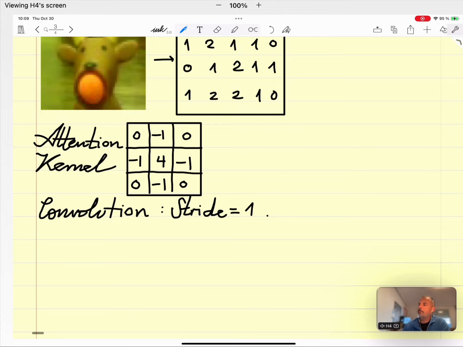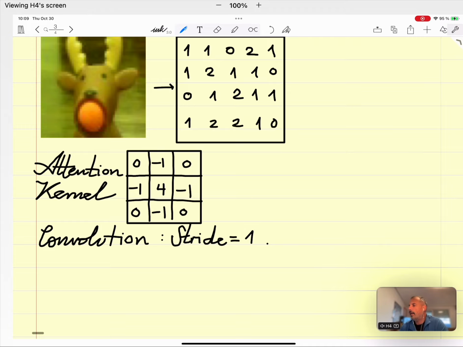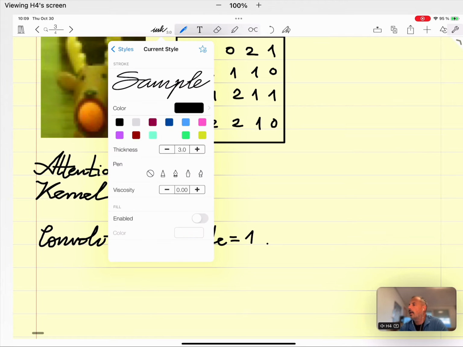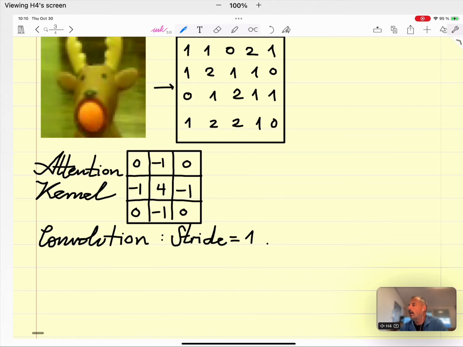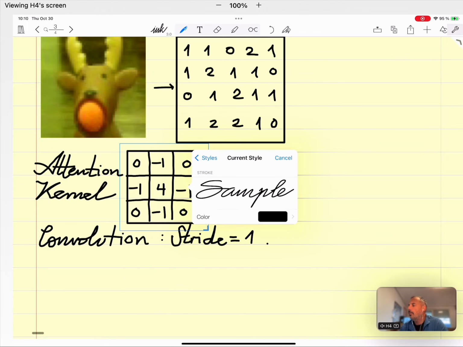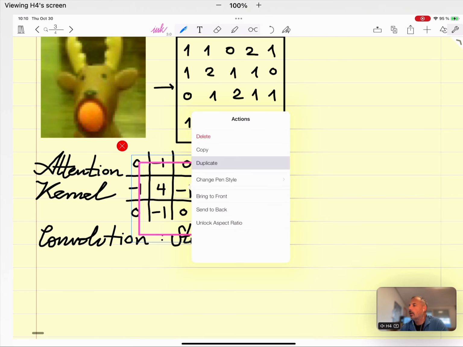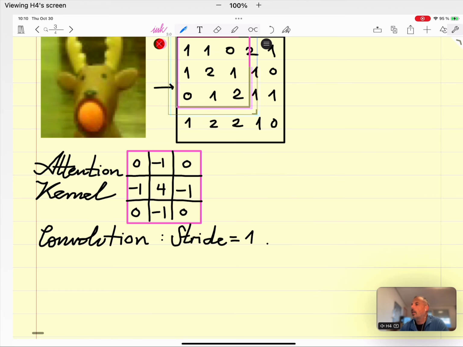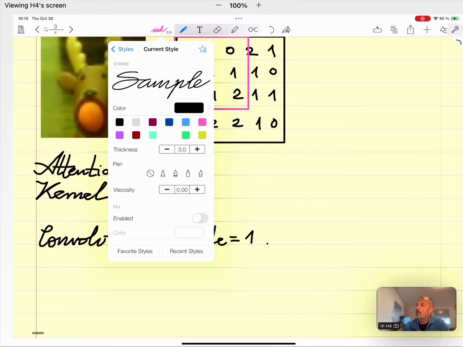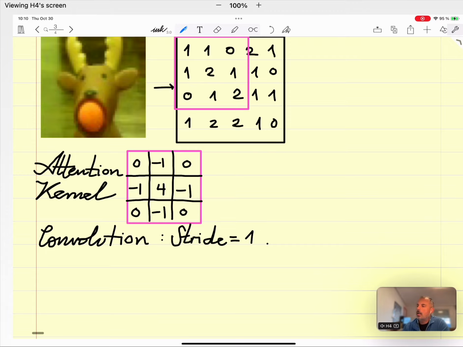So we take a window in the original image like this, 3 by 3, and we multiply this window with the kernel, element by element.